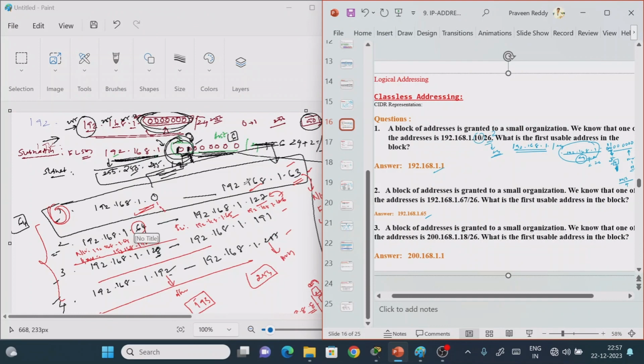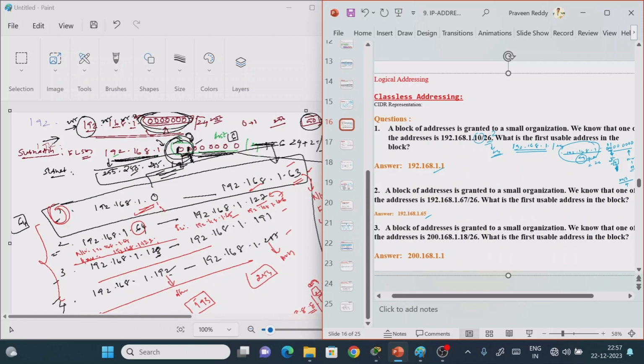They are not giving the entire range, they are giving just some IP address, with /26. /26 means how many networks will we be getting? 1, 2, 3, 4 networks. So what is the first usable IP address? This is in between 1.0 and 1.63. For 1.10, what is the first usable IP address? 1.0 is the network address, so 1.1 is the first usable IP address.